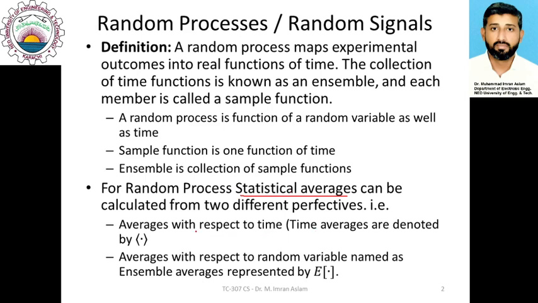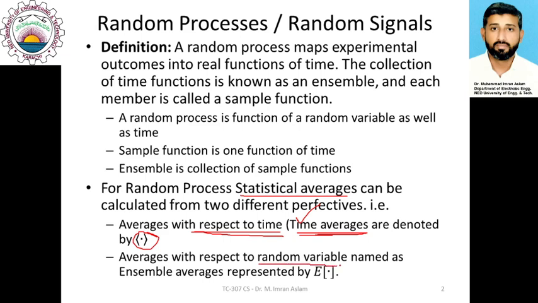What are those two different perspectives? First, we will calculate the average with respect to time. So that is called a time average, which is denoted by this bracket here in our textbook. So we can calculate the average with respect to time, or we can calculate average with respect to random variable.